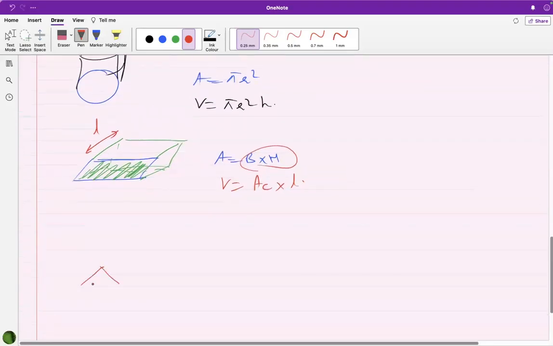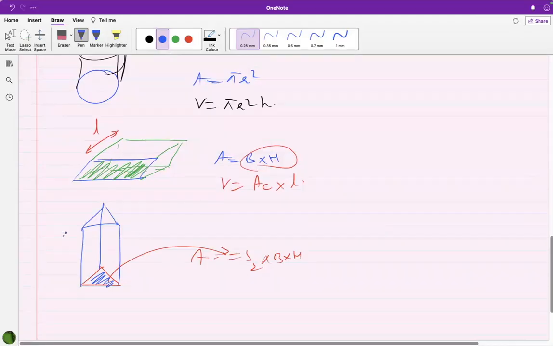So let's say this was the triangle and area is 1 by 2 into base into height for this. So what would be the volume of this 3D shape? This is this cross-sectional area into this new length or height, whatever we call it. I'm just trying to have different variables. So volume is cross-sectional area into height.